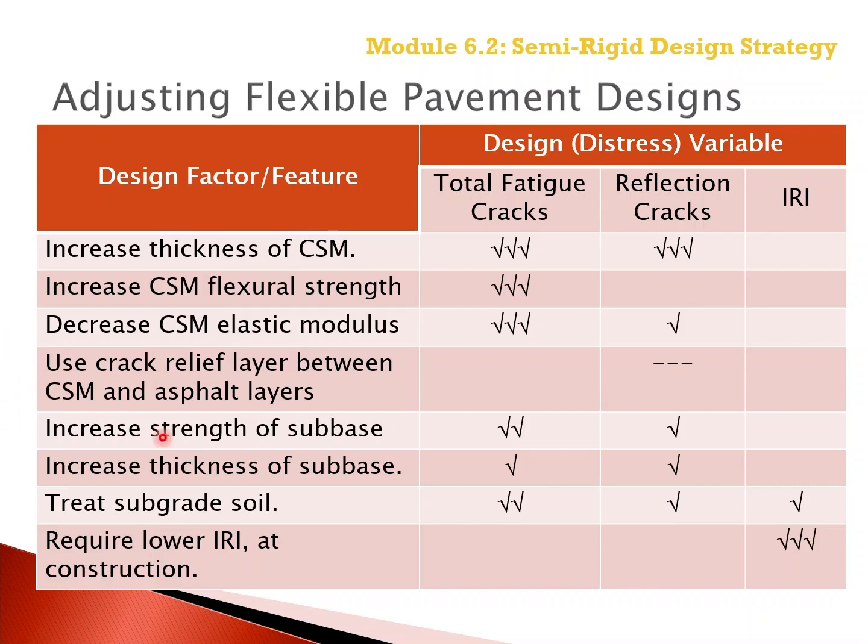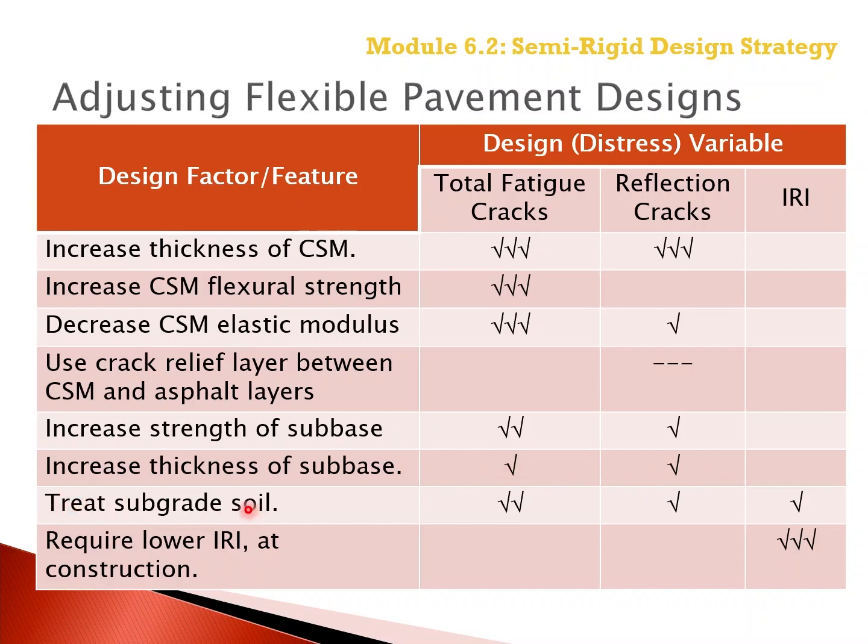The increase in strength of the subbase layer, which would be an unbound subbase layer, is a moderate effect regarding total fatigue cracks and a minor effect regarding reflection cracks. The increase in the thickness of the subbase would be a relatively low impact for fatigue cracks as well as reflection cracks.